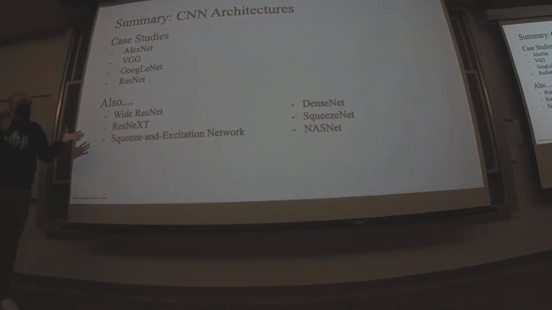But even today, in 2021, these architectures are the typical backbones you would see in state-of-the-art performance on competitions. And in industry, you're going to see these too for computer vision.